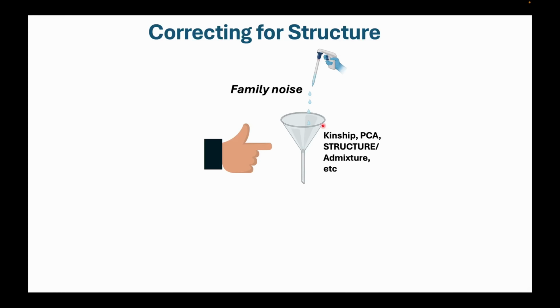And so what we do is feed the matrix, or here the filter, with the raw data, which includes the familial relatedness or the ancestry. And as a result, we get high quality genotypic data that is ready for our genome-wide association studies without any confounding ancestry or familial relatedness.